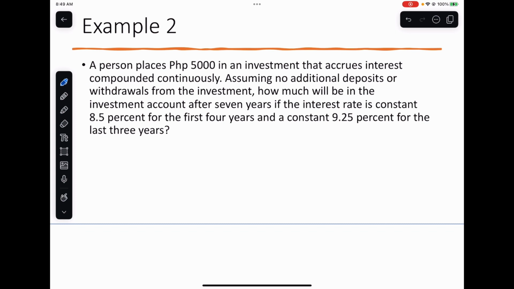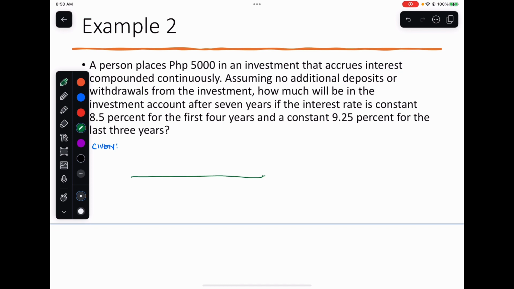So what will be that amount? For my given, let's say initially at time equals 0, then 1, 2, 3, 4, 5, 6, 7.